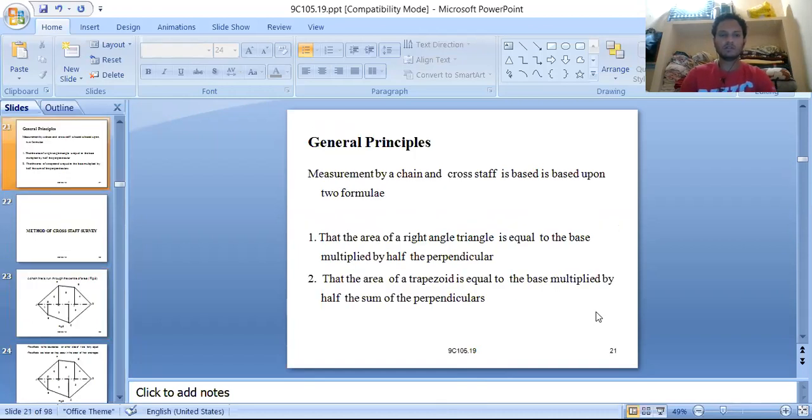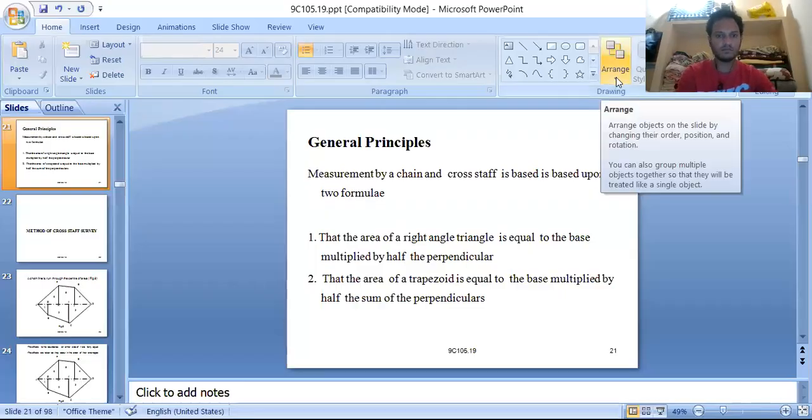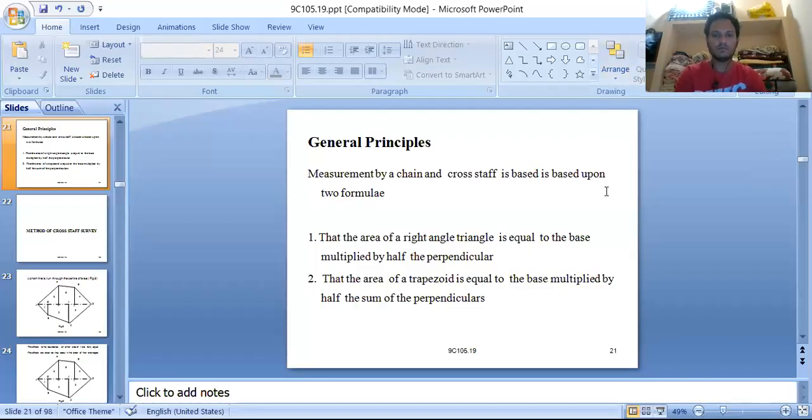Let us discuss the general principles which we will use in cross-staff survey. Measurement by chain and cross-staff is based on two formulas.